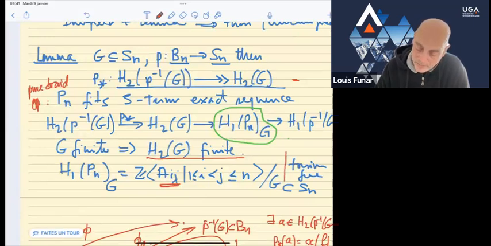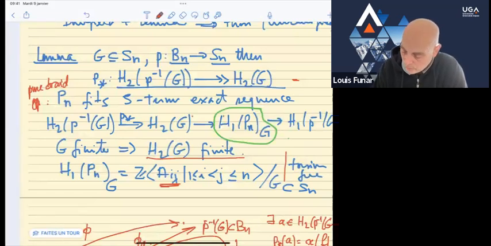So this map is trivial. It is zero because you have a finite group here to be sent into a group which is torsion-free. So that's a very general and easy to use method.